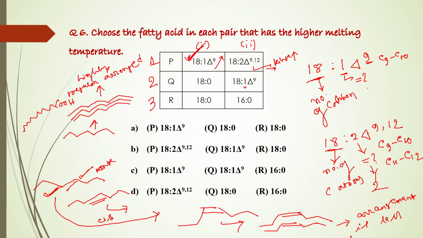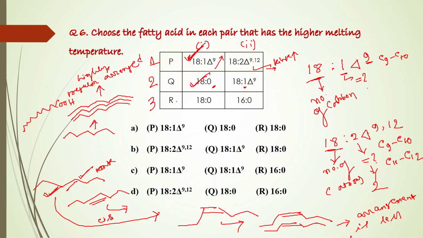Just like we did in set P, in this case as well, wherever there is a higher number of double bonds, that has lower melting temperature. That means wherever there is a lower number of double bonds, it will have higher melting temperature. So in this case, this has no double bonds. That means higher crystallinity, which means higher melting temperature. So for set Q, this one will have the higher melting temperature.